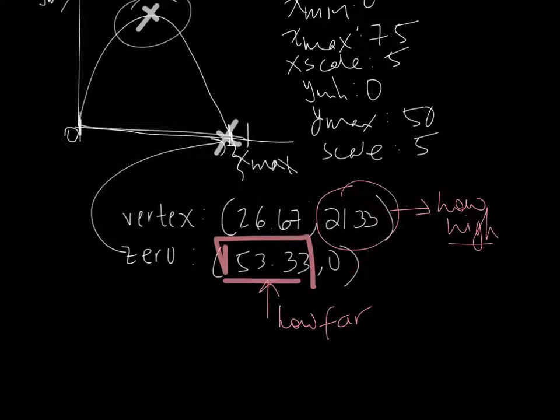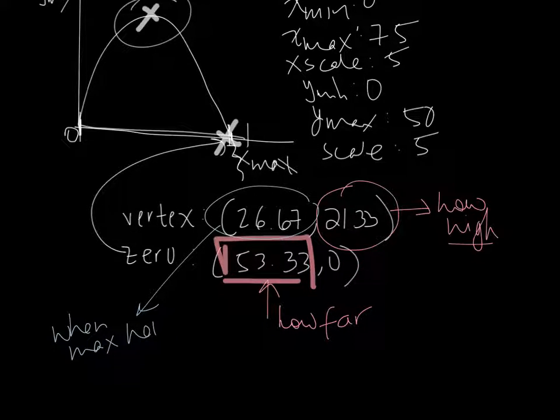And this one over here is when max height occurred. Meaning, if Diego is kicking the ball, it took almost 27 meters down the field for the ball to reach the max height of 21.33 meters.